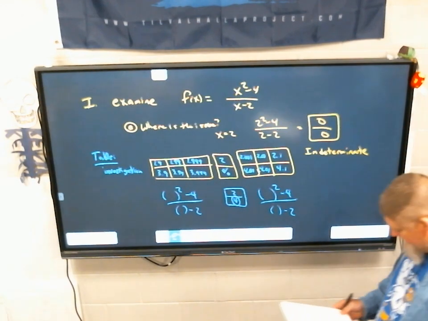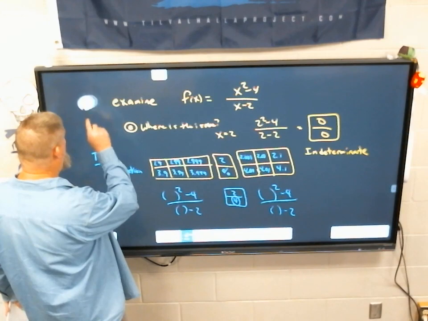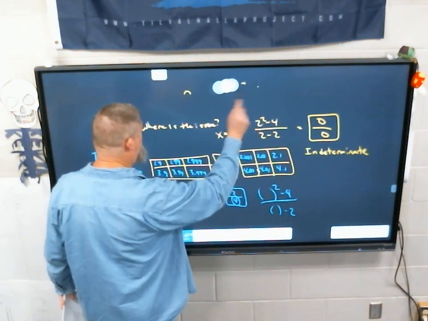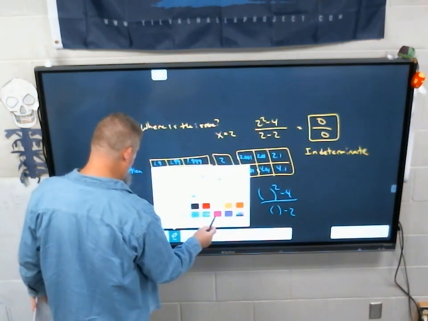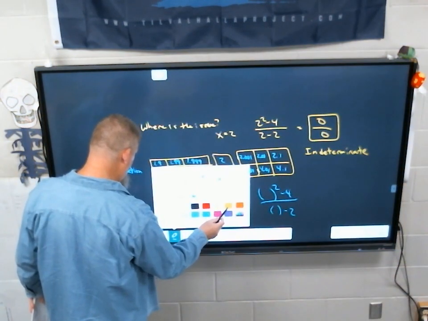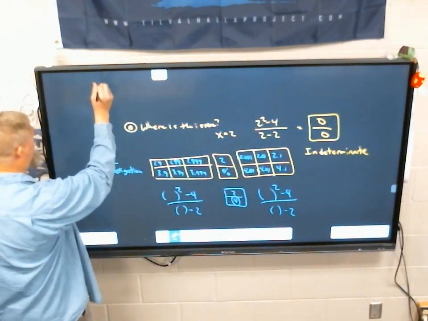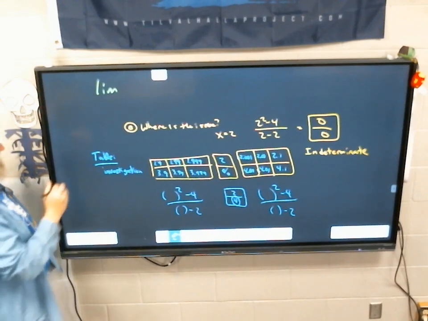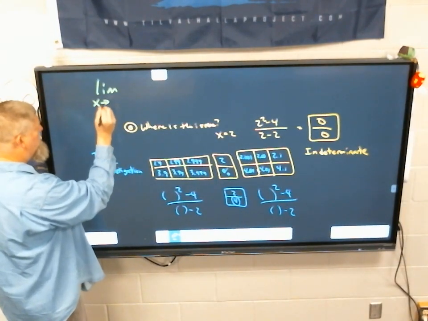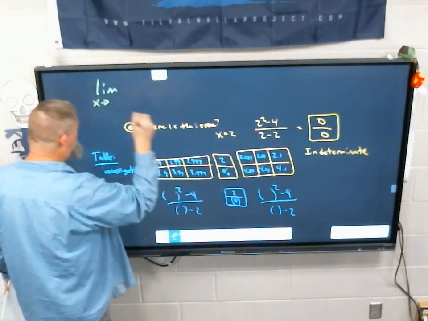So here's how we write it. I'm going to erase this top part, I hope that's okay. I want us to get the notation and see what it looks like. So what you've just done is you said the limit, LIM, as x approaches, and what did x approach? 2.